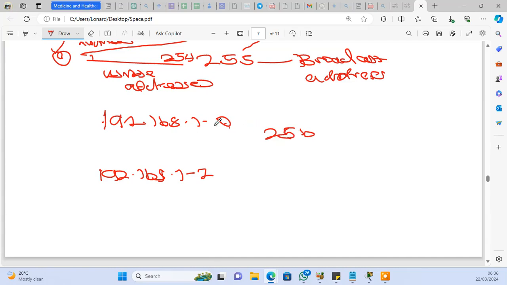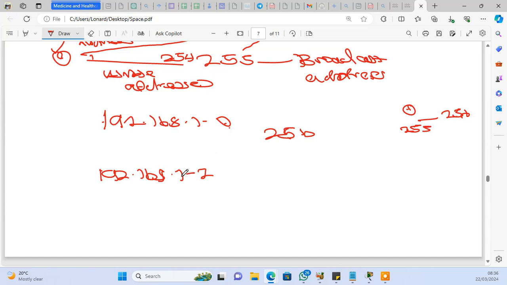To get this total, you have to include the 0. And once you count up to 255, then the total will be 256. So here, once you add 256 on this, it exceeds the maximum limit. And what does this mean?